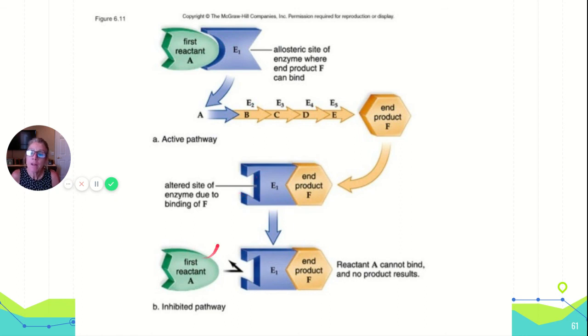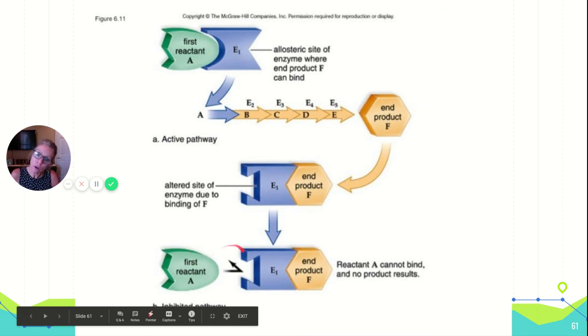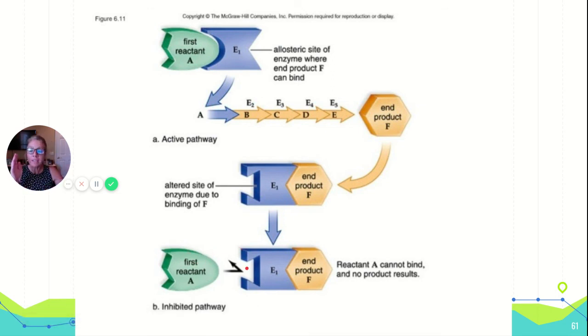So now the first reactant A can no longer bind to that active site. This shuts down the whole metabolic pathway. And look at how efficient this is. You don't have to shut down each enzyme in the pathway. You only have to shut down the first one, because if you shut down enzyme 1, there will be no B or C or D or E.